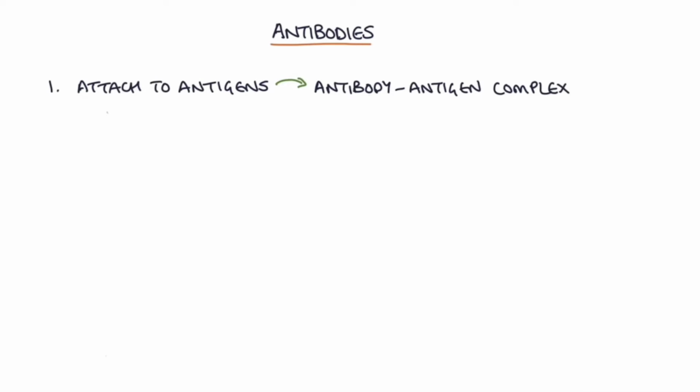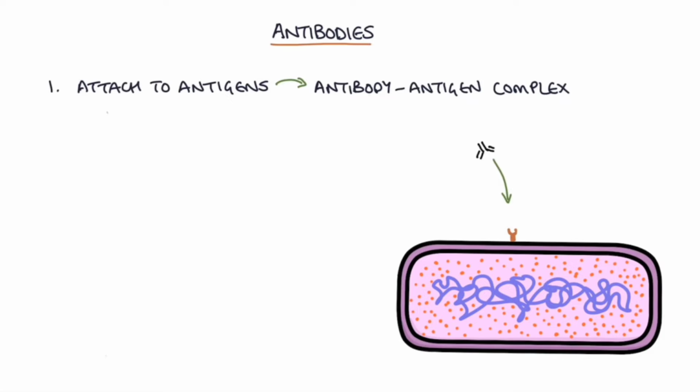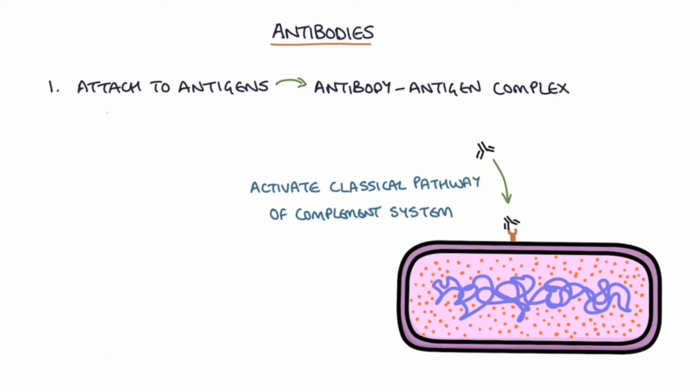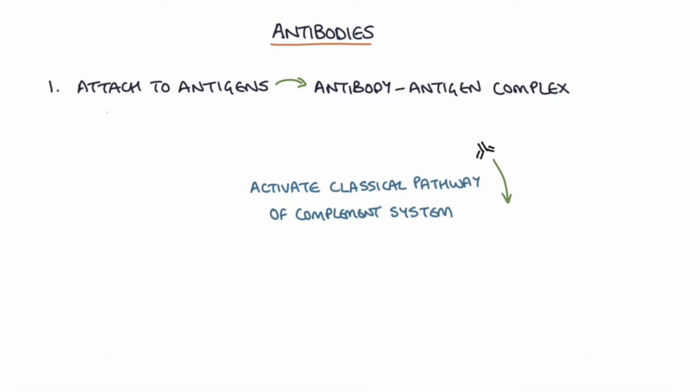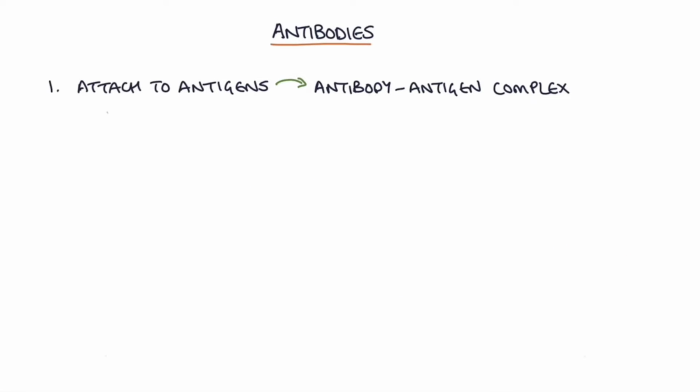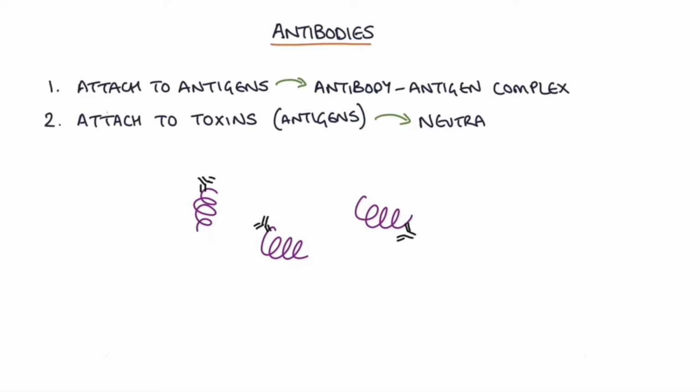Firstly, antibodies attach themselves to the antigen and become something called an antibody-antigen complex. And this antigen-antibody complexes activate the classical pathway of the complement system, which in turn leads to the destruction of pathogens. Secondly, antibodies can attach themselves to the toxins produced by pathogens, which themselves are antigens, and they neutralize the effects of these toxins.